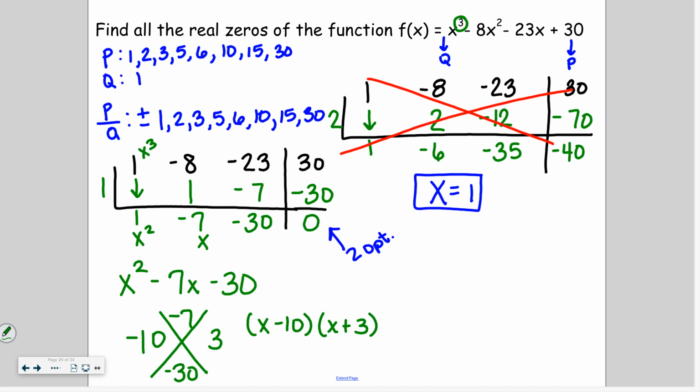We're not completely done. Remember to solve these, we need to set them equal to 0. So x minus 10 is equal to 0, x plus 3 is equal to 0. Plus 10, so x is equal to 10.